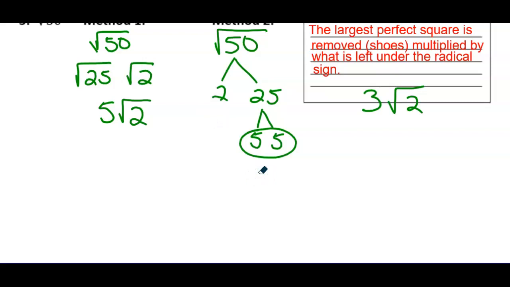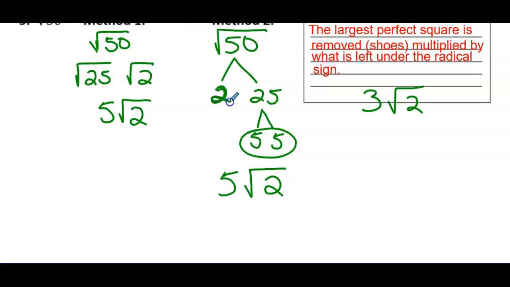So that pair of shoes can come outside our house. And we can think of the radical sign as our house, and our size 2 shoe is stuck in the house because we can't find its pair. There isn't a pair for the 2 in the number 50, okay?